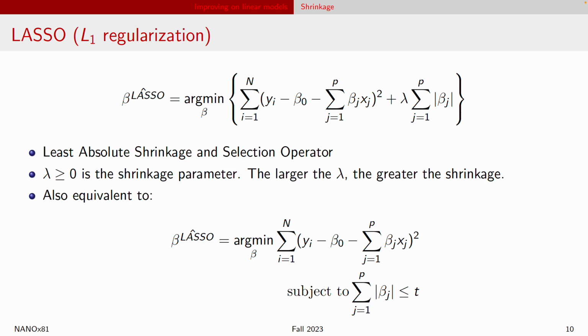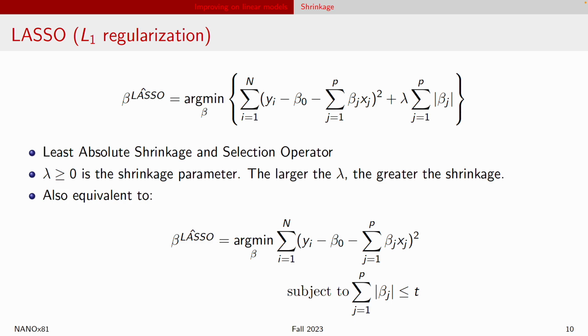Now you still have this lambda or alpha parameter, which is still the shrinkage parameter, okay? And because of this formulation, in some instances your coefficients get truncated to 0, and you can remove that parameter entirely, okay?